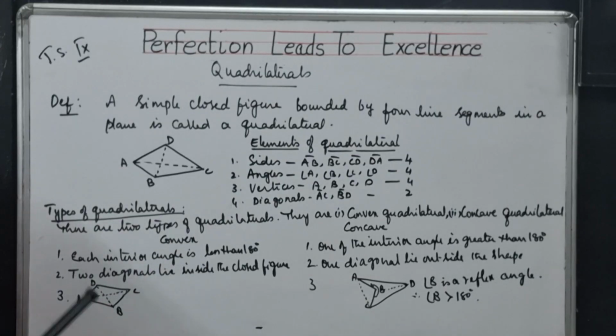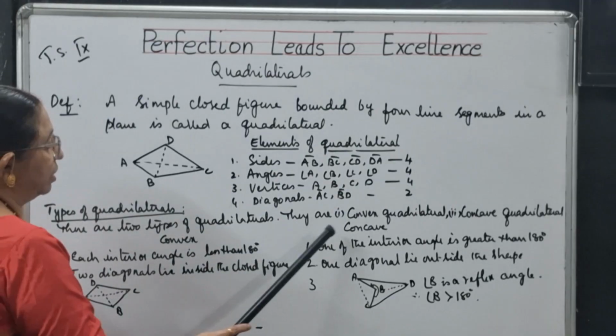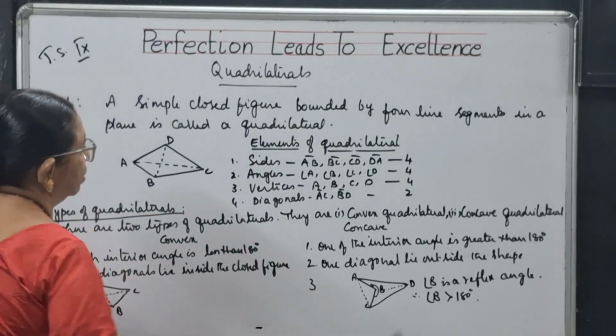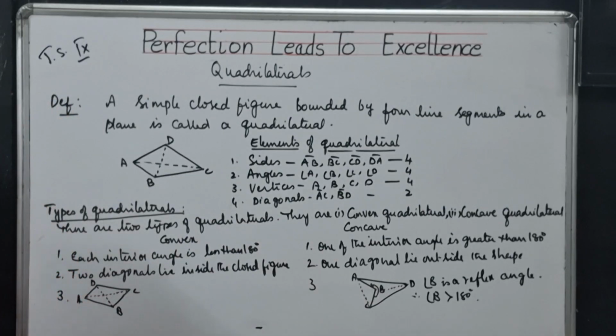So these are the elements of a quadrilateral. Up to ninth class, we have two types of quadrilaterals. There are many other types also, but for your portion, this is quite enough. So we are going to talk about those two types: convex quadrilateral and concave quadrilateral.